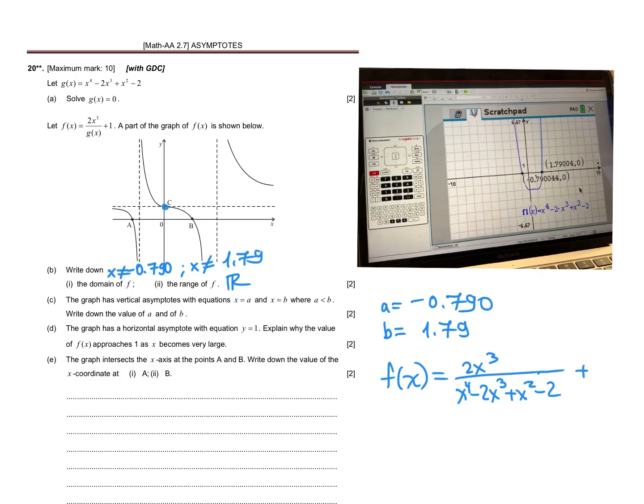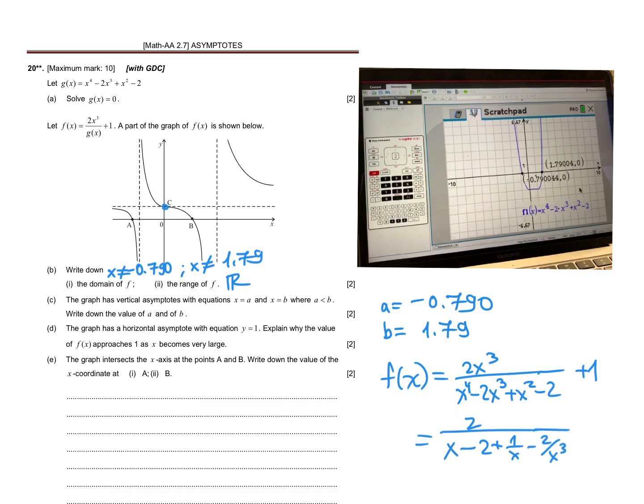And then to that, we add 1, okay? So if you divide everything in this fraction by x cubed, we're going to have 2 over x plus 1 over x minus 2 over x cubed.